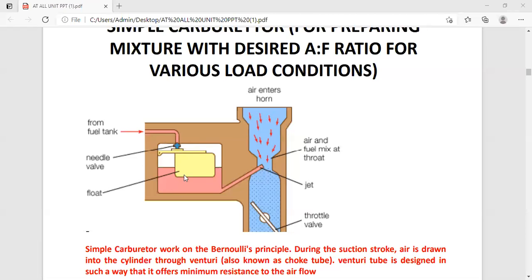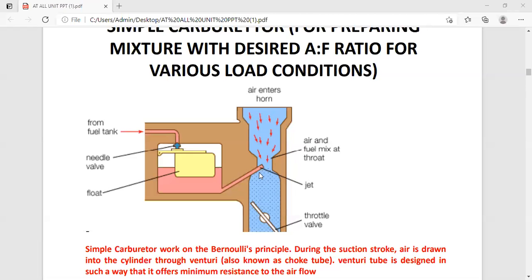Whenever the level inside the float chamber is reduced, the needle valve opens and fuel from the tank flows down to the float chamber. The rising fuel inside the float chamber raises the float and needle valve system, and it again closes the fuel supply.